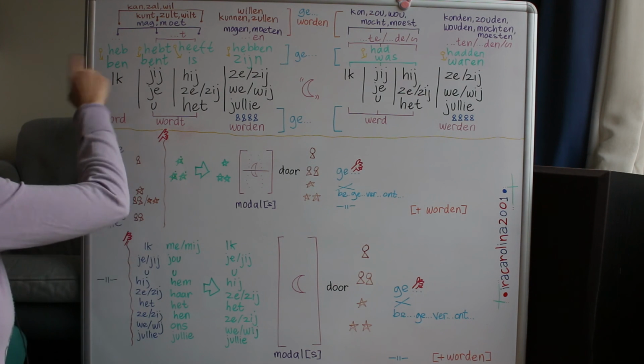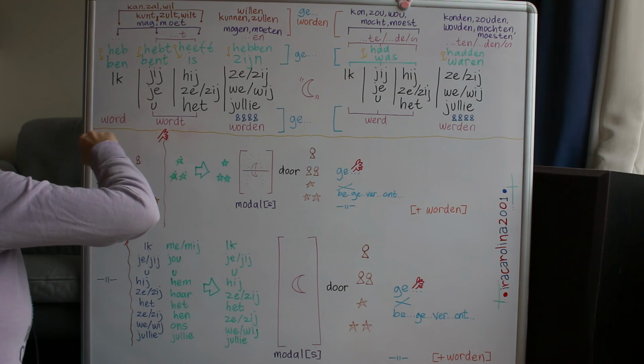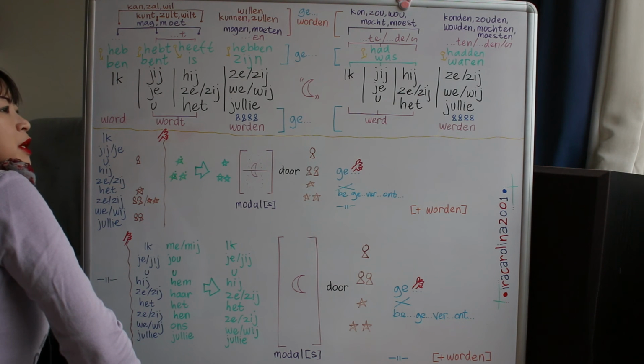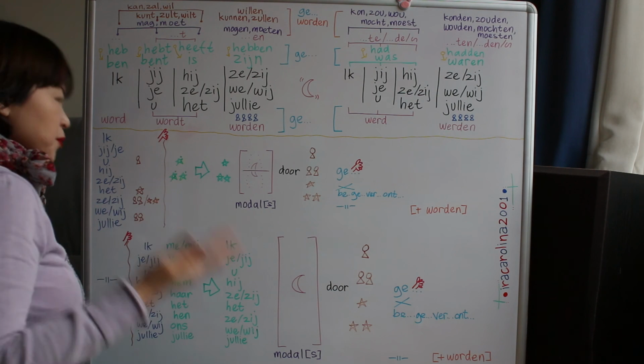We have ik, I. We have you as jij or je, or u for someone you just met or for your senior or someone you respect.